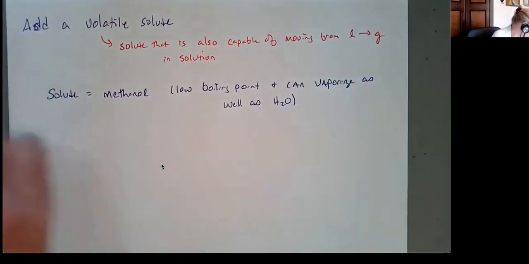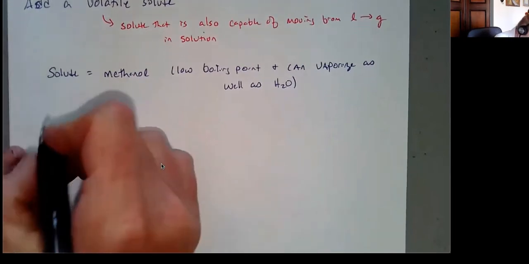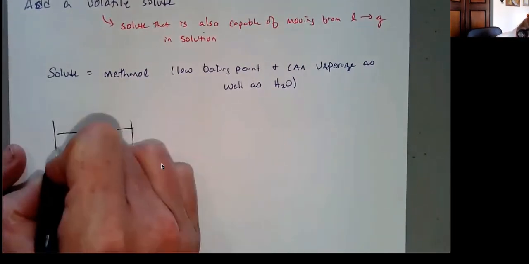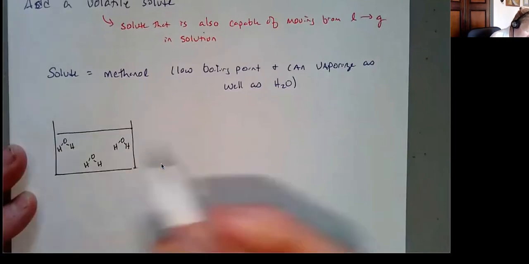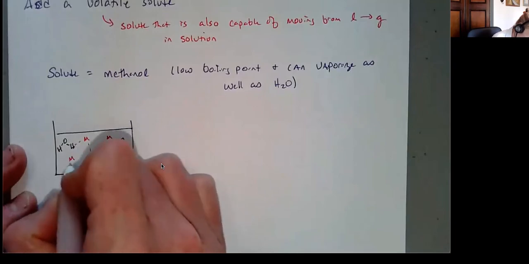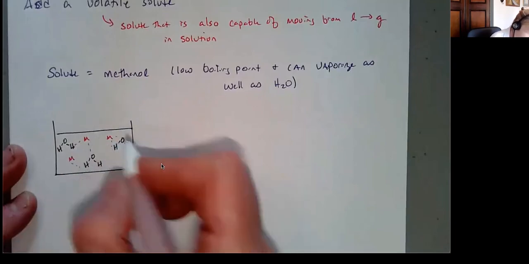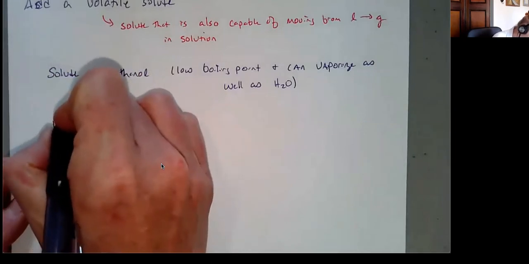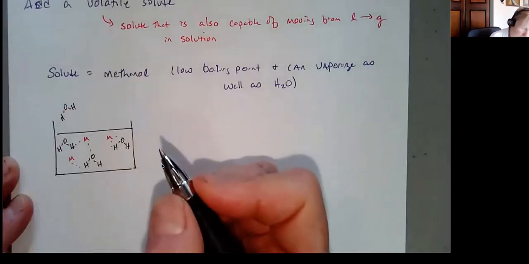So now I have my flask here, or my beaker, and my solvent here is water, but now my solute is methanol. And methanol is going to form intermolecular forces with water here. Above my liquid, I'm going to have water molecules. That would be my vapor pressure of water.